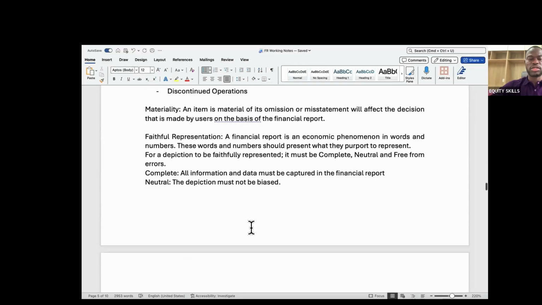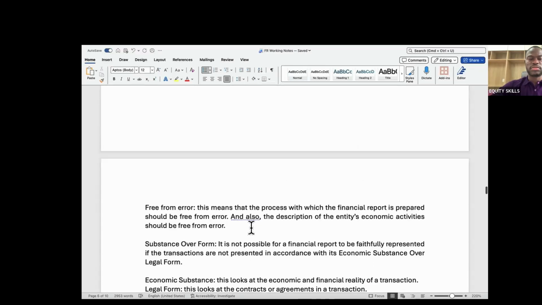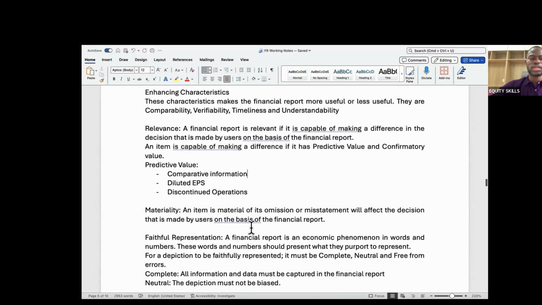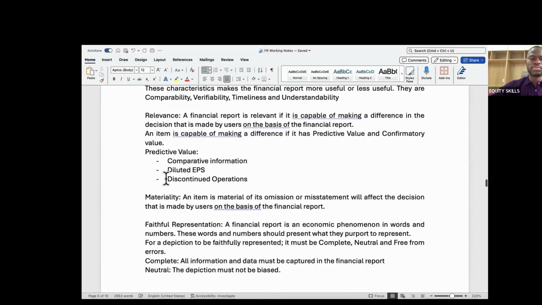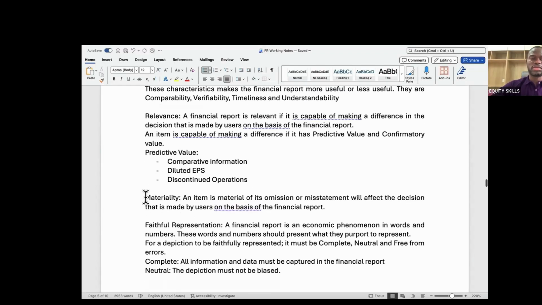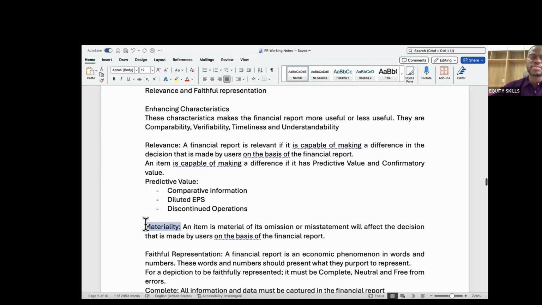And when we talk about relevance, materiality is very important. We also explained faithful representation as well.